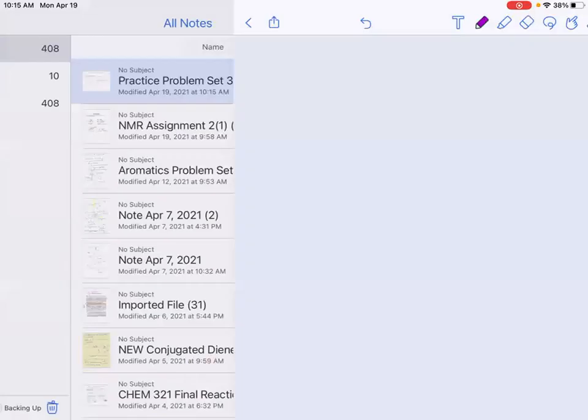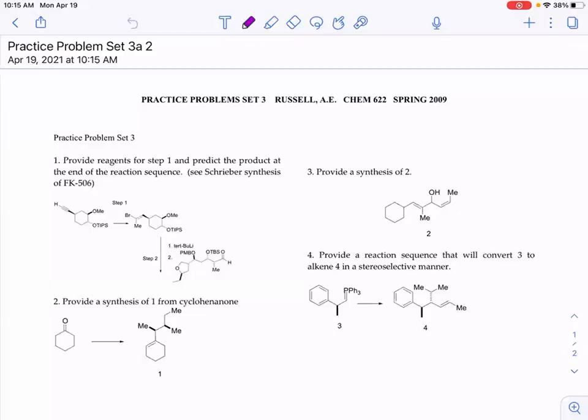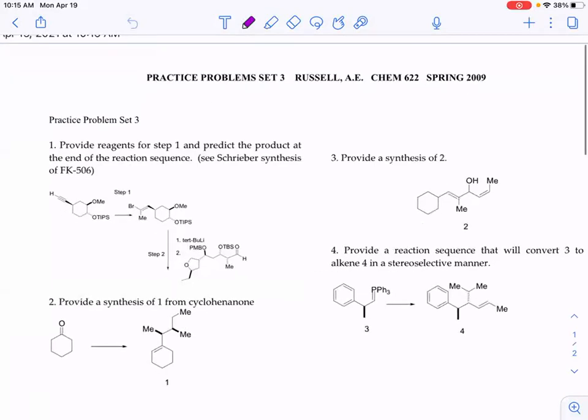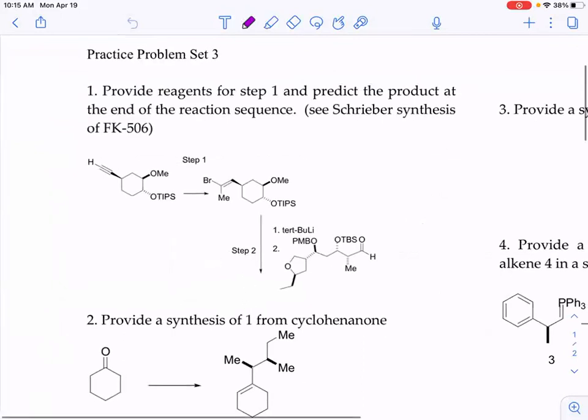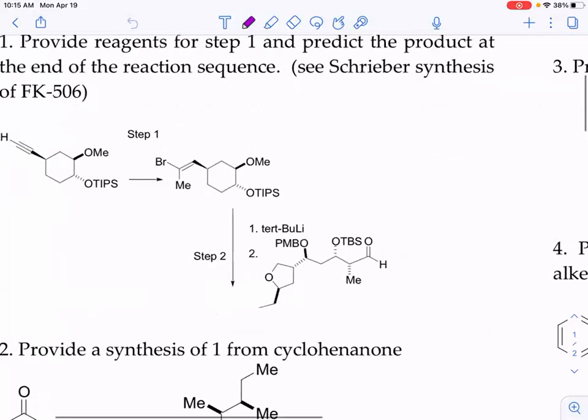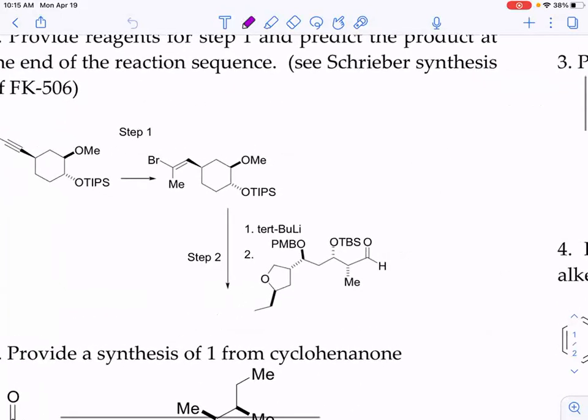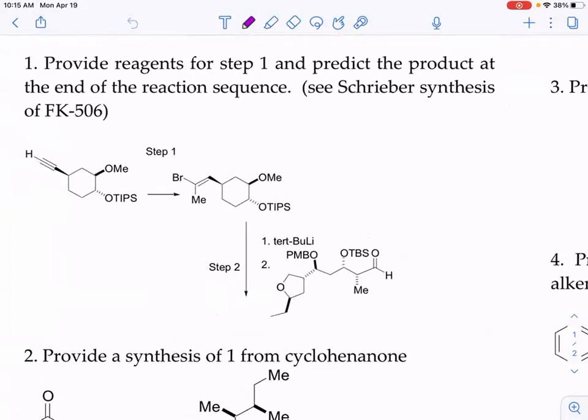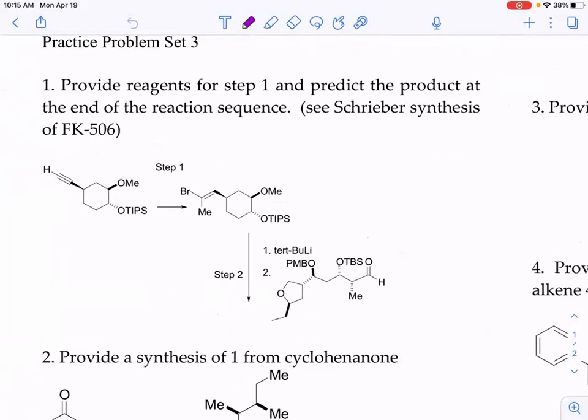Yeah. Oh, all right. So this is the last problem set, and it's basically focusing on the last set of information that we've covered. The first question is similar to FK 506, and it asks to provide the reagents for step 1 and predict the product at the end of the reaction sequence.